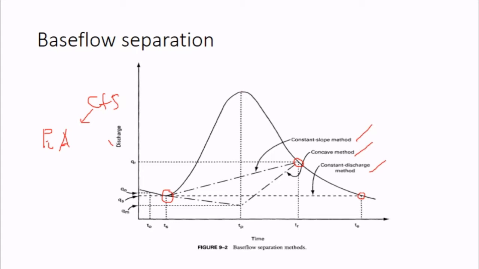Pag sa constant slope, kailangan mong hanapin yung inflection point dito sa side na to. So, paano malalaman yung inflection point? 'Di ba? Ang inflection point is the change of concavity nung graph. So, kung ito ay concave downward, yan, so pababa siya, 'di ba? Yan, paganyan siya. So, dito naman concave upward na yan, 'di ba?